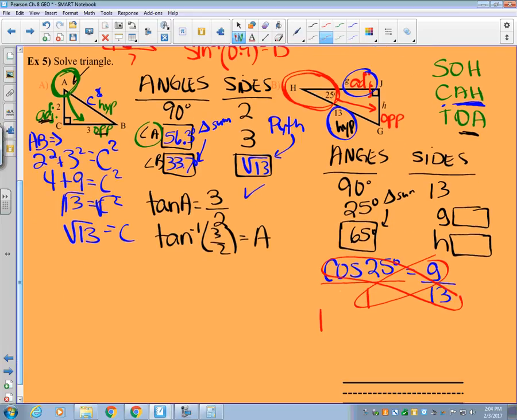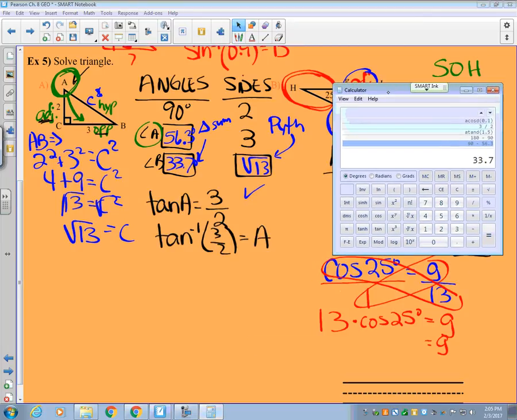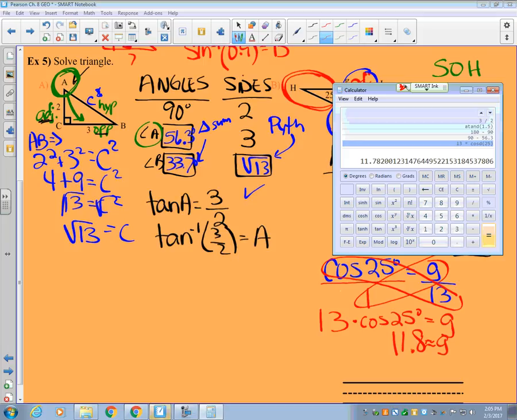I get 13 times the cosine of 25 degrees is equal to 1g. This is just a calculator chug. 13 times the cosine of 25 equals 11.78. So G is approximately equal to 11.8. Awesome, so let's fill that in.